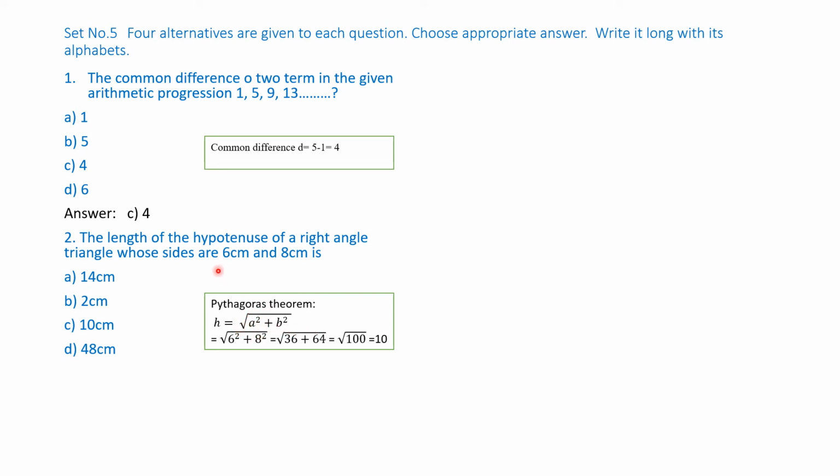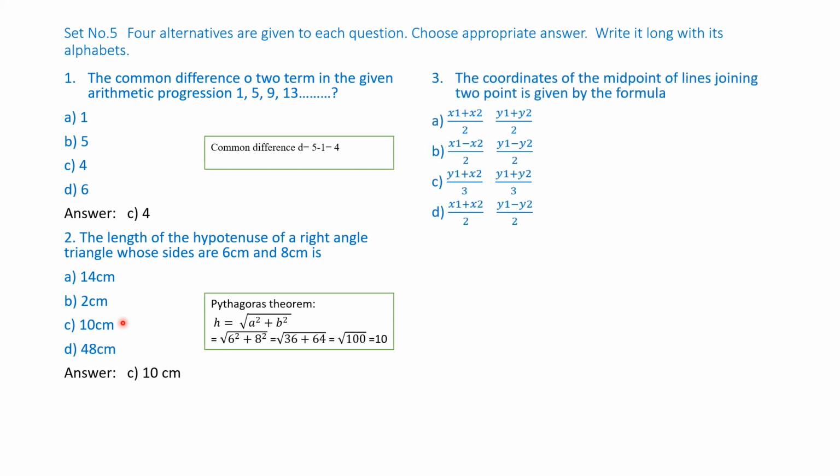He has given 6 centimeters as one side and 8 centimeters as the second side. Therefore, hypotenuse is equal to square root of 6 square plus 8 square, that is under root 36 plus 64. That sum is 100. Square root of 100 is 10. The answer is 10, that is C, 10 centimeters.